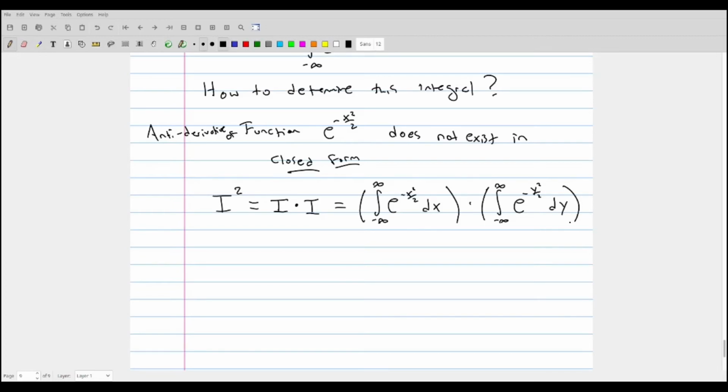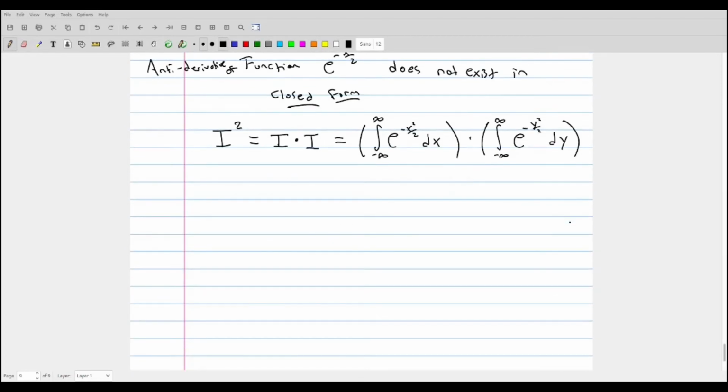And what's very neat here is that one of our properties for the integral is that if you have two separate single variable integrals of different variables being multiplied together, this is identical to the double integral of the product of these two functions.